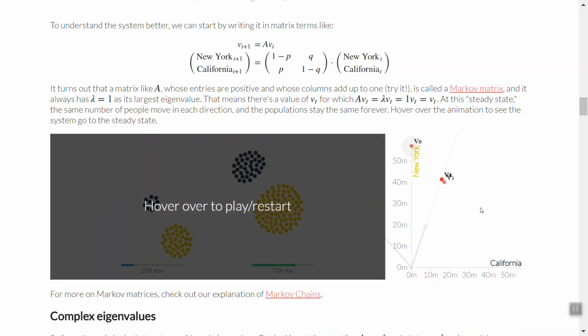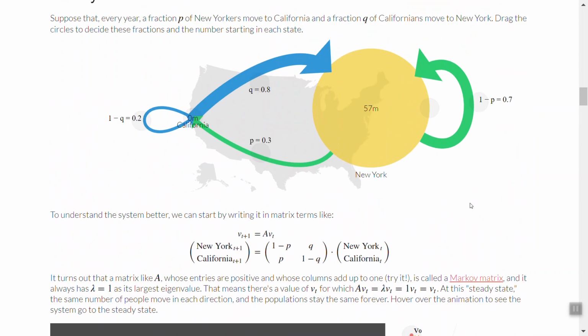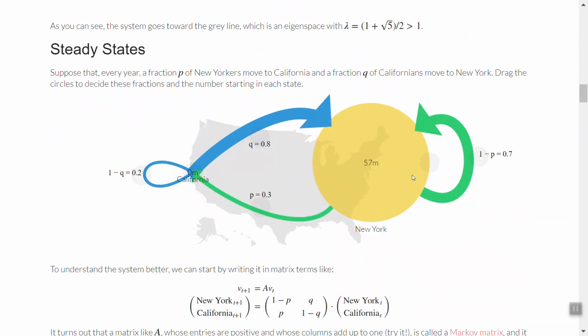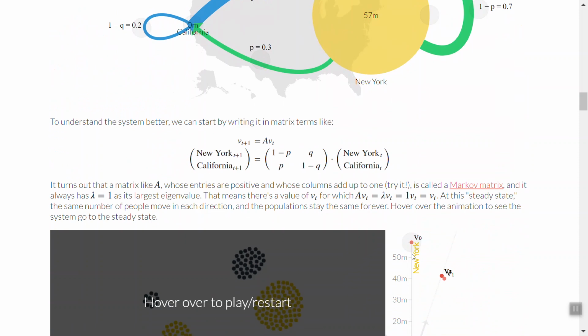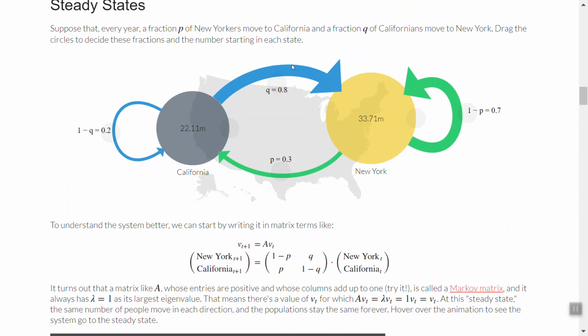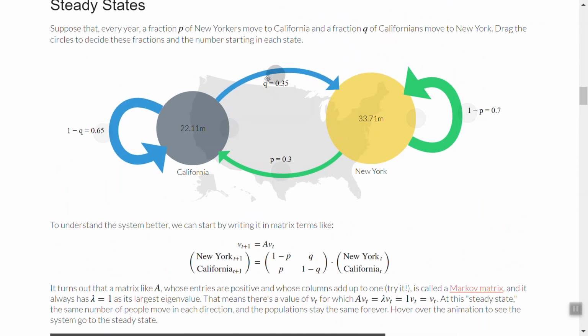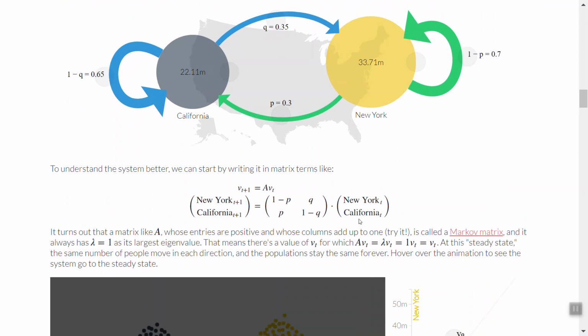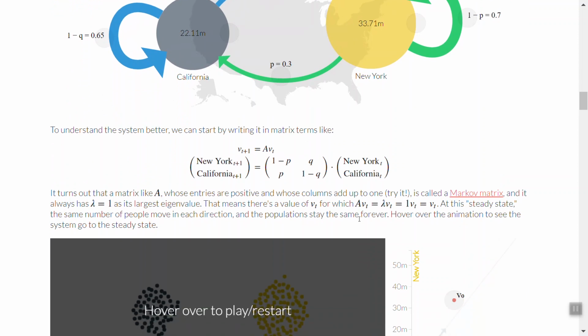Okay, what this whole page is about is how the steady state can be found by finding the Markov, I'm sorry, the eigenvector.